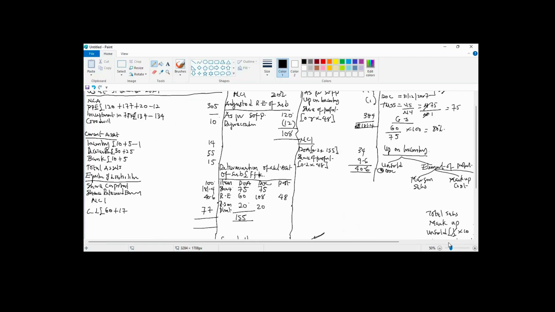What is the total asset? 399. Equity and liability, the same thing. That is the end.